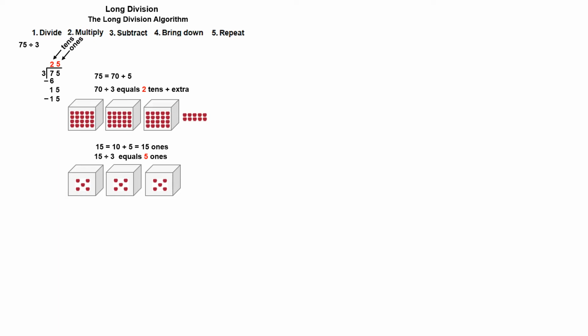Write a subtraction sign next to the 15. Subtract 15 ones from 15 ones. Write your answer directly below the 15. Since there are no numbers to bring down, we do not repeat the steps of division. The answer is 25.